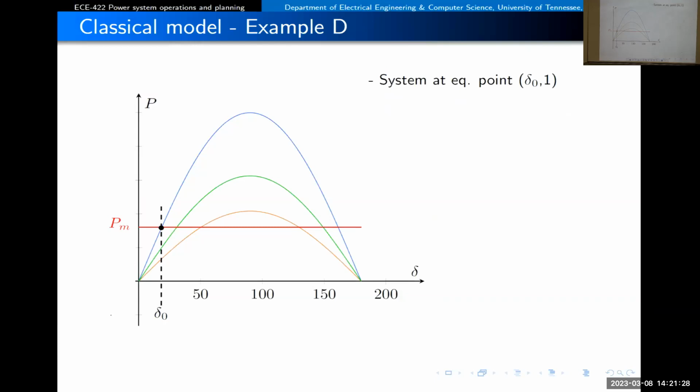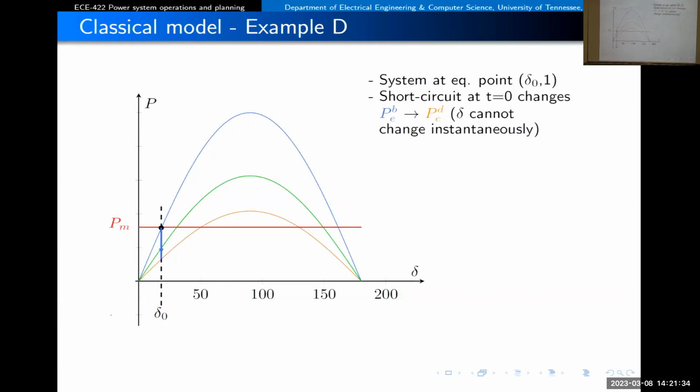We have an equilibrium point with an angle delta 0. The speed is 1 per unit, and we have a short circuit. The electrical power immediately changed from PE to PEV. So at that time, 0, the electrical power will immediately change from this point to this point instantaneously. Delta cannot change because it's a state variable.